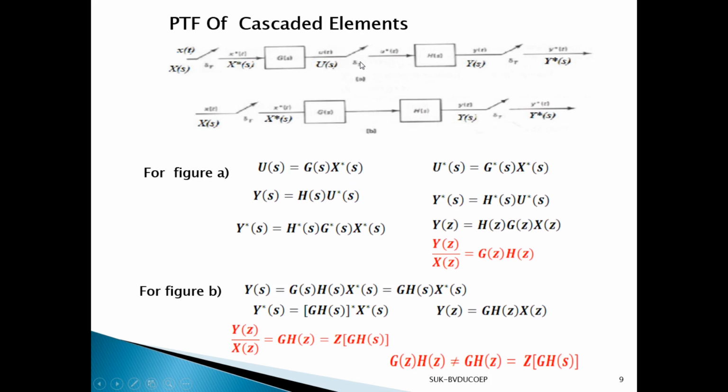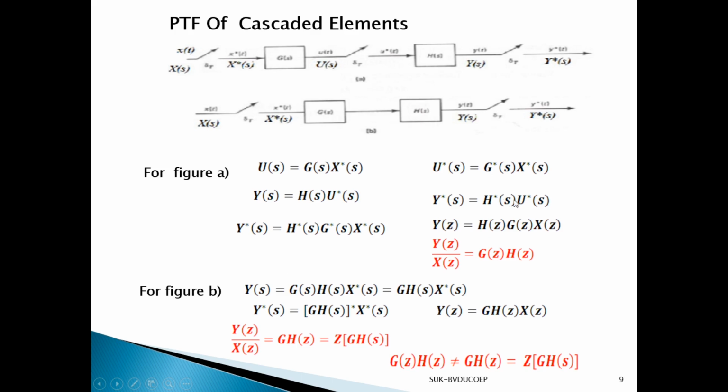Now there is again a sampler, so U star(s) is equal to, now when there is a sampler, G star(s) X star(s). In the second block, Y(s) is equal to H(s) into U star(s), and therefore Y star(s) is equal to H star(s) into U star(s). Y star(s) is equal to this, H star(s) into U star(s).